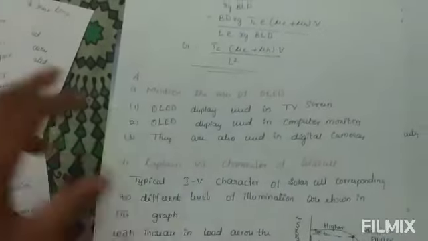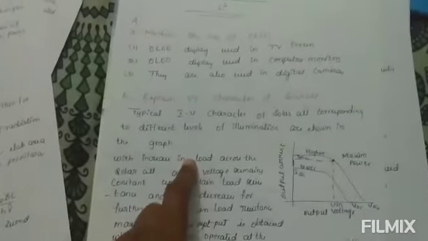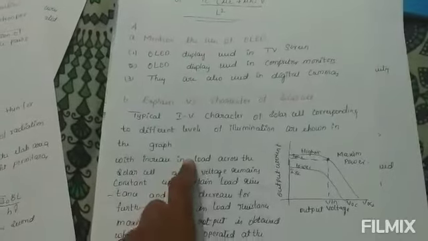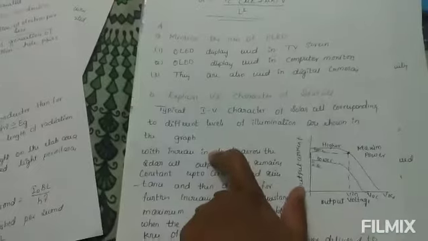This question will carry 3 marks: explain the VI characteristics of a solar cell. The VI characteristics of a solar cell can be explained using a graphical representation, that is voltage versus current.